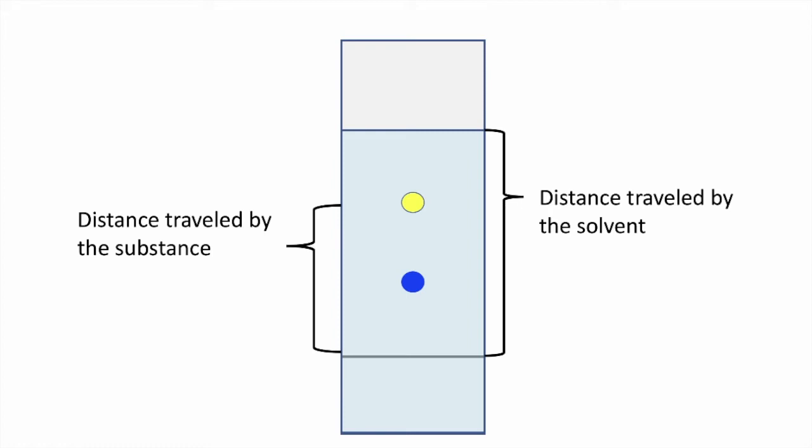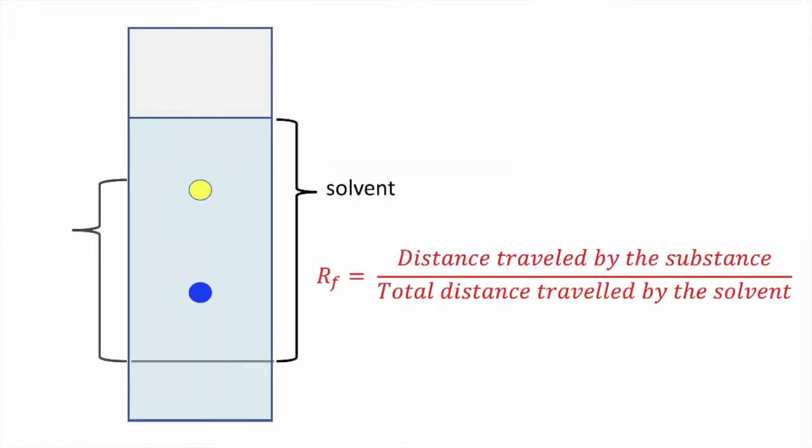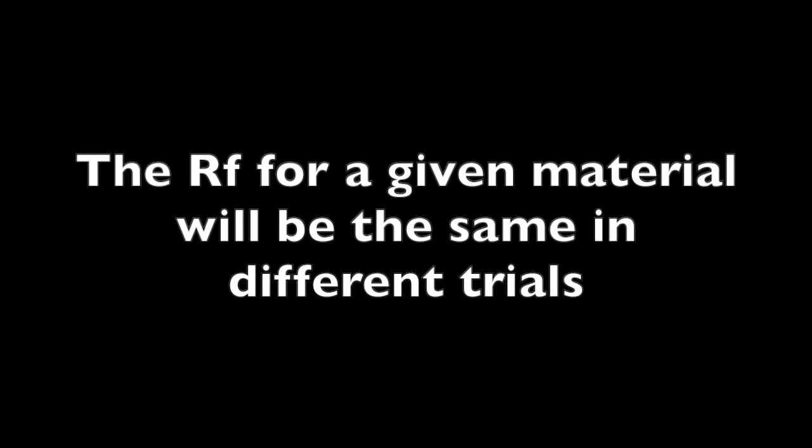The retention factor is calculated like this: RF equals distance traveled by the substance divided by total distance traveled by the solvent. As long as the conditions are the same, the same mobile phase and the same stationary phase, the RF for a given material should remain constant in different trials, even if the solvent hasn't traveled quite as far in trial 2 as it did in trial 1.